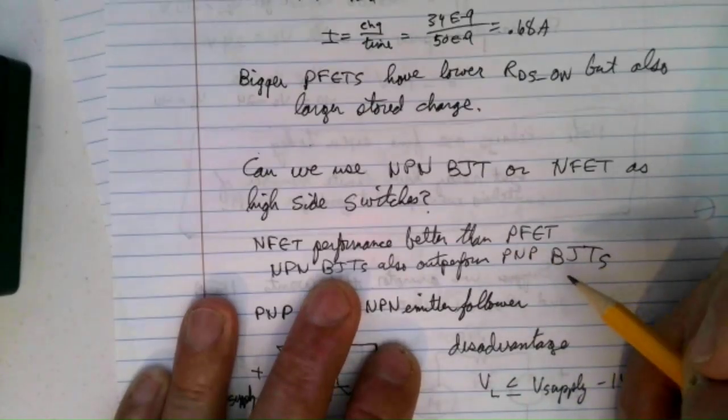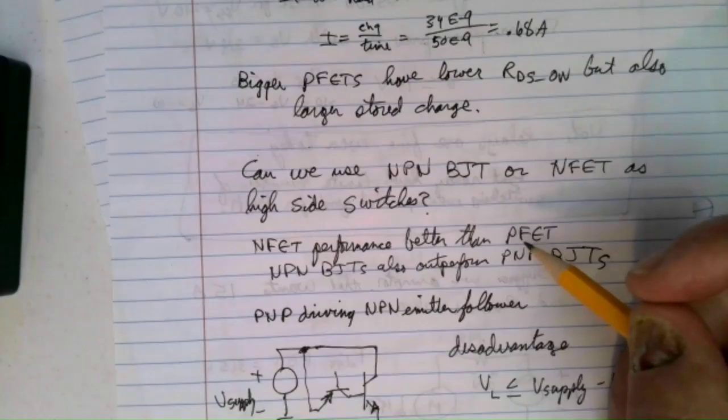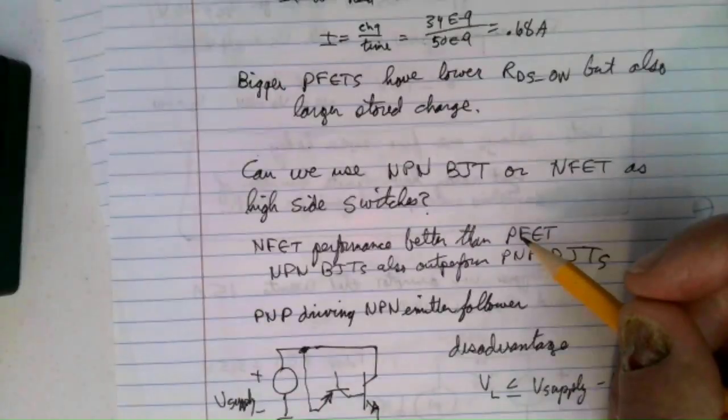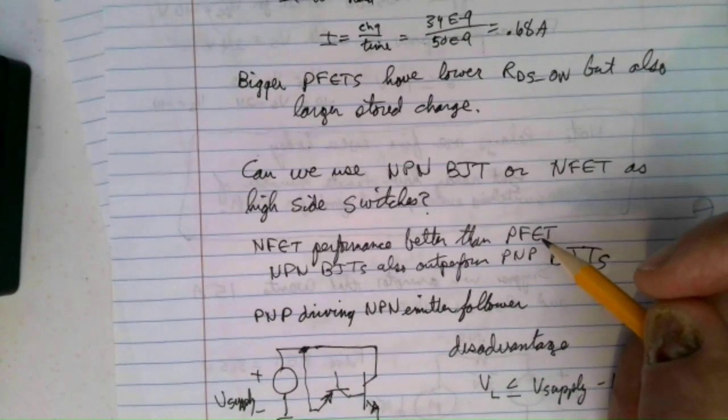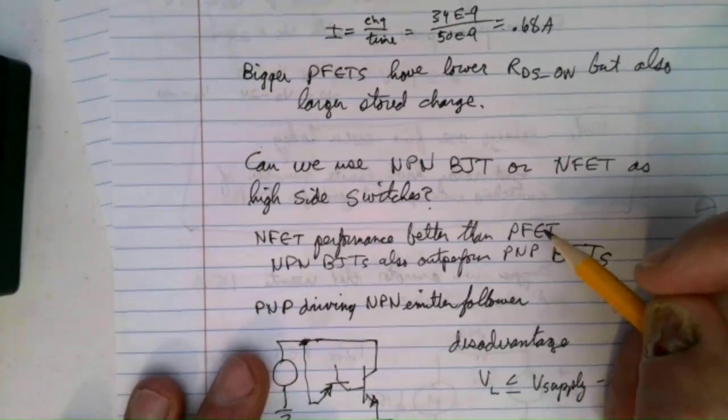I think most of the transistors people use in RF stuff and switching stuff are NPNs, not so much PNPs. And NFETs outperform PFETs and are used more often in switching power converters, despite the complexity sometimes of using them.